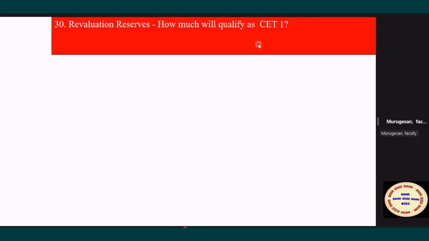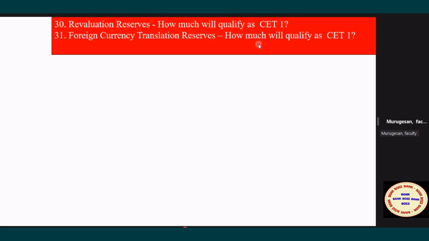The difference between the book value and the new value, they will load it in the books: debit premises, credit revaluation reserve. Earlier it was categorized as Tier 2.